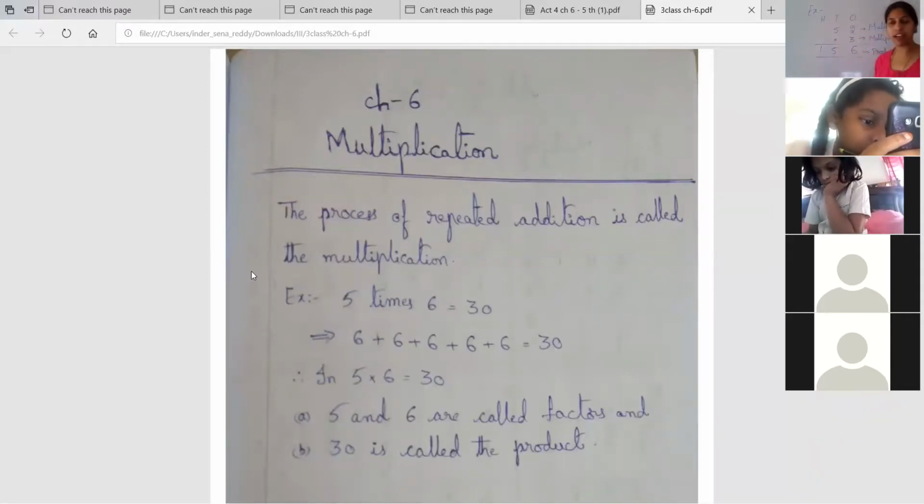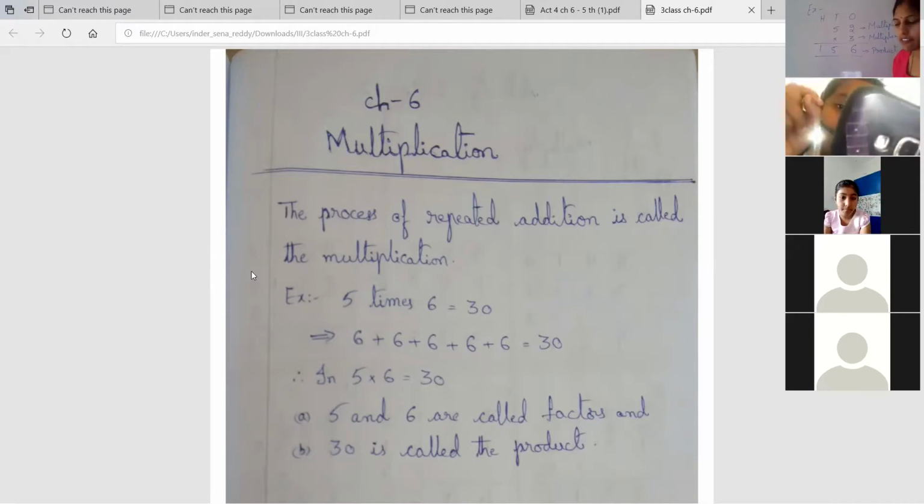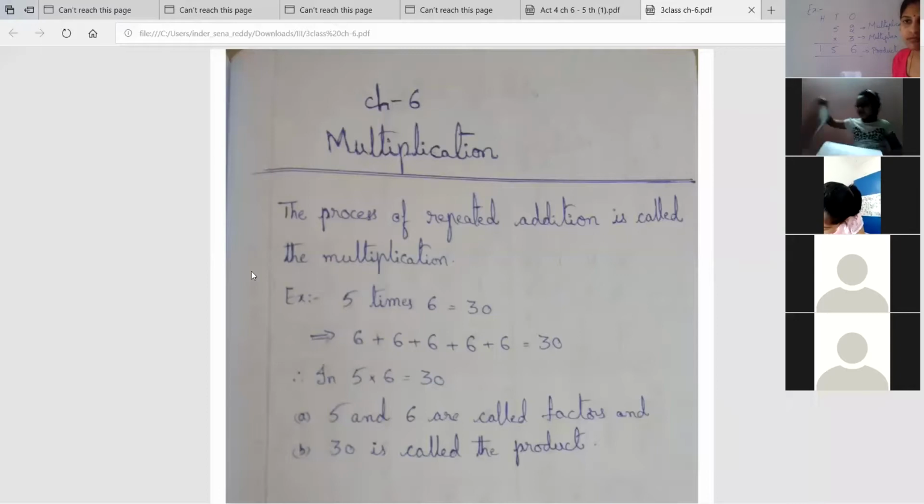We have to copy on page number 67. Page number 67, you copy down the properties, with at least two examples. In each cloud, there are 3-4 examples. You write two for each point.